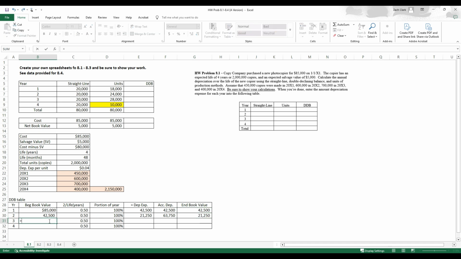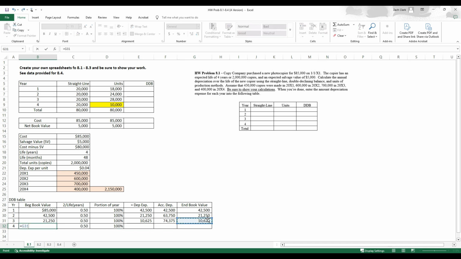And then again, we carry down the ending book value, do the same formula. So we're just multiplying those all out. Accumulated depreciation then becomes what we had prior in accumulated plus the current year's worth. And then we take beginning, historical cost minus the accumulated.